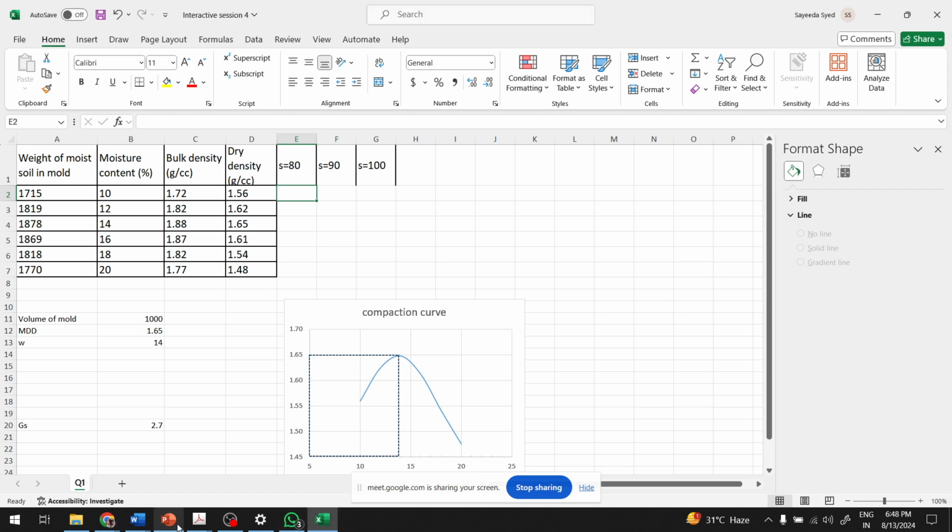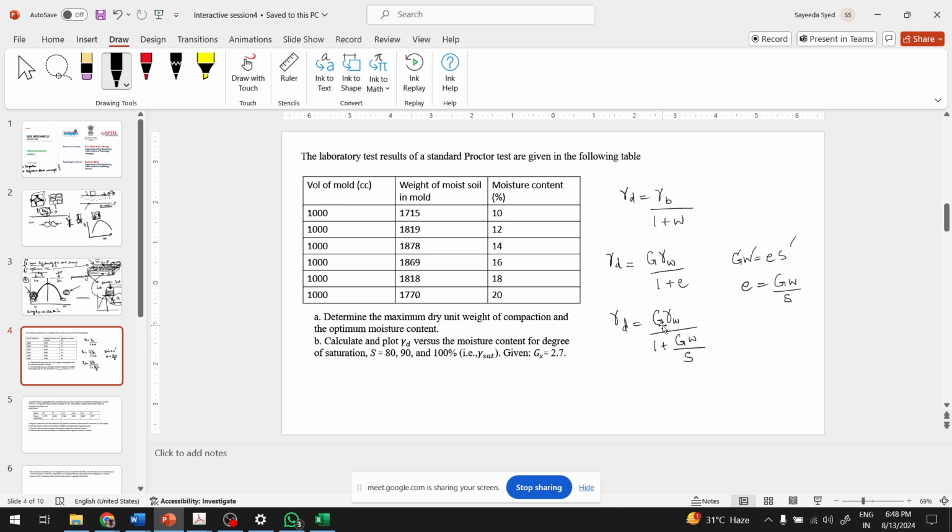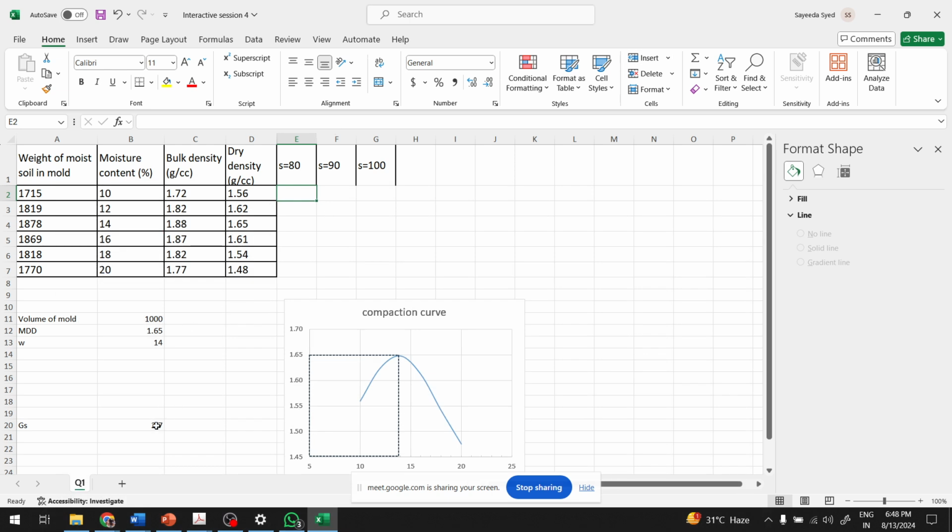Okay, so from this formula, G gamma W over 1 plus GW over S. Let me write from the formula here, G into gamma W over 1 plus G into W over S. And gamma W is 1 gram per cc because we are talking in gram per cc form.